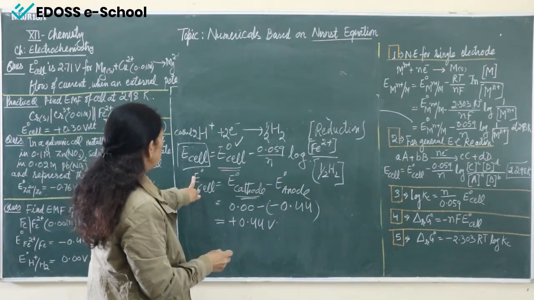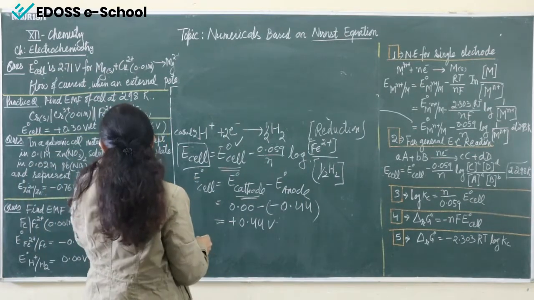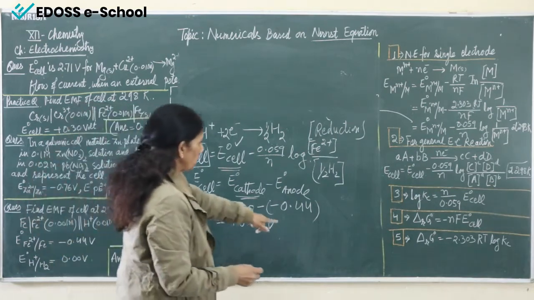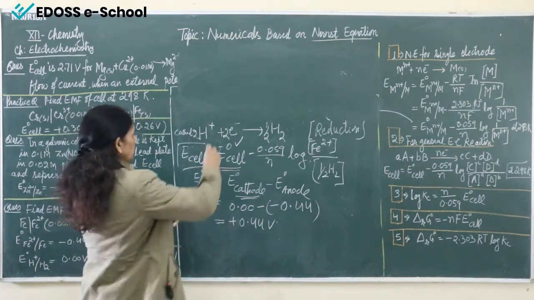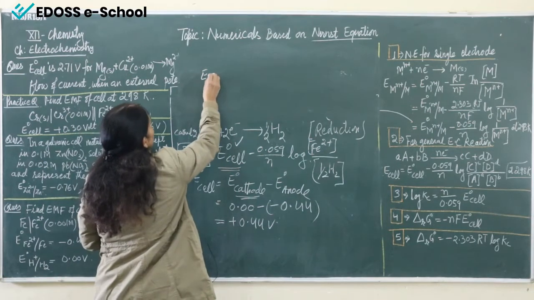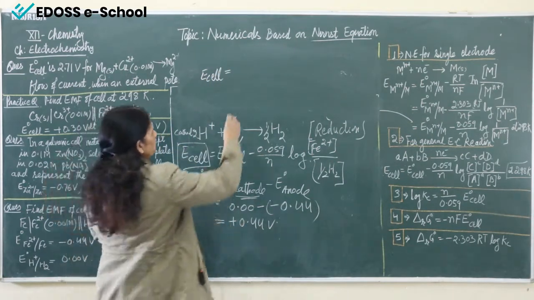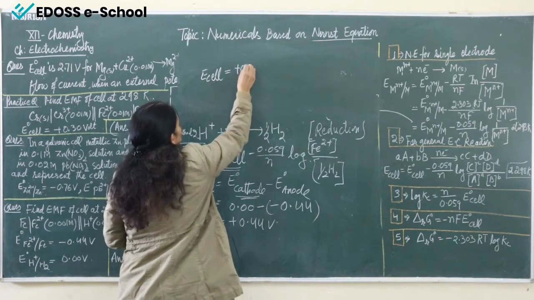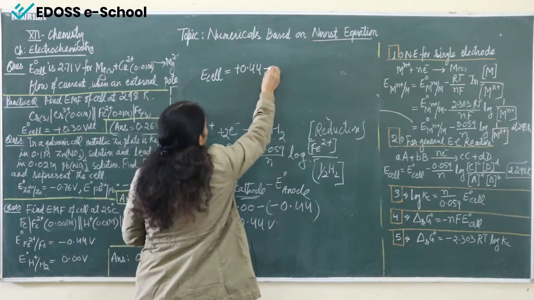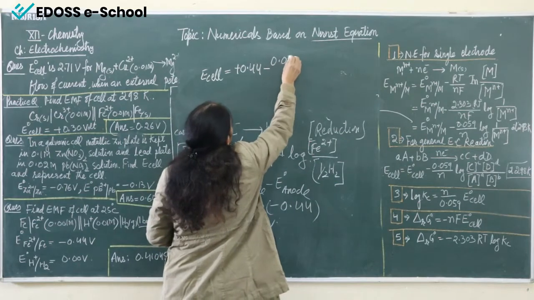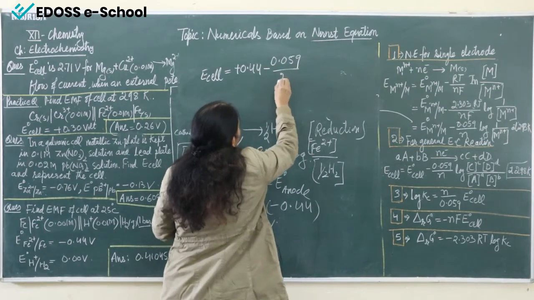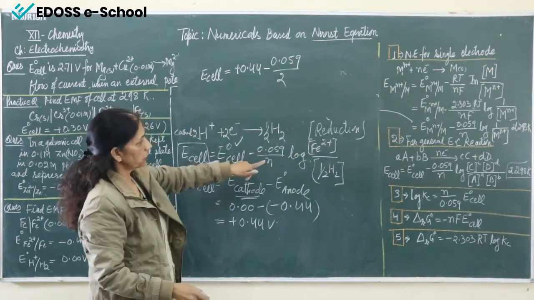E naught of the cell we have already found. So E of the cell is equal to plus 0.44 minus 0.059 upon 2, because 2 electrons are involved, so n will be 2, and log.